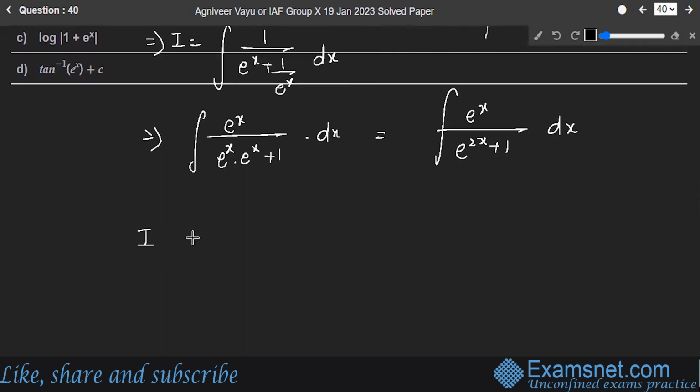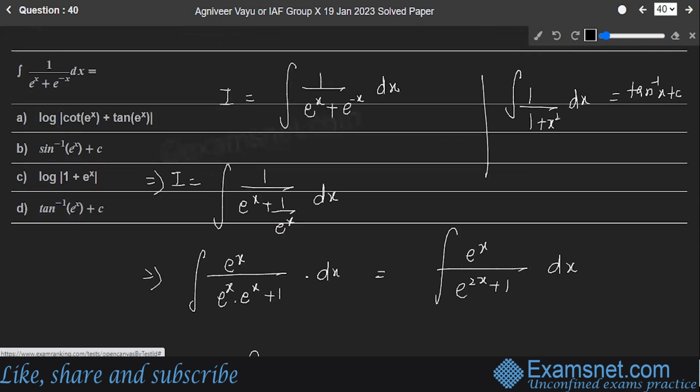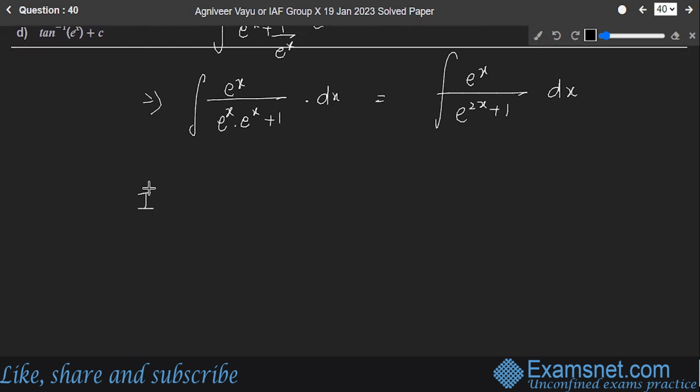Okay. Let me put e raised to power x is equal to t. So now differentiating both sides, you will have e raised to power x into dx is equal to dt. Now let's come back to our question.